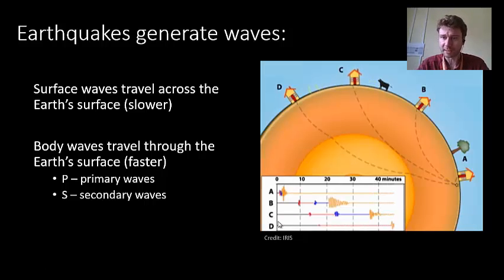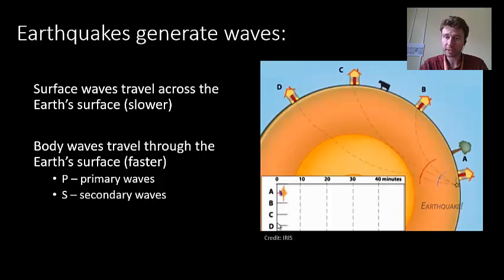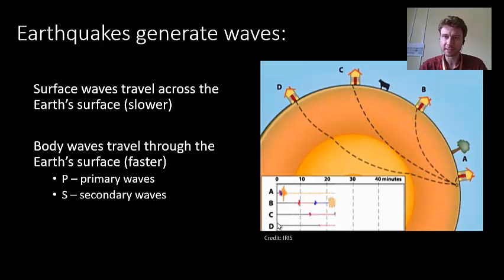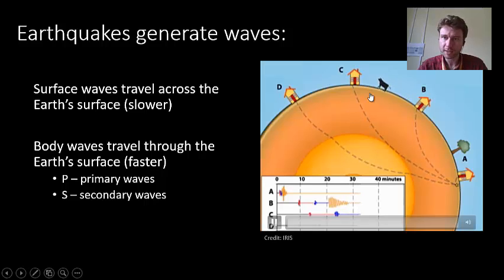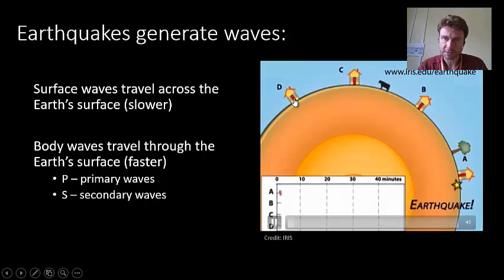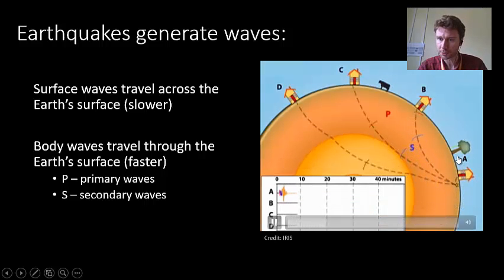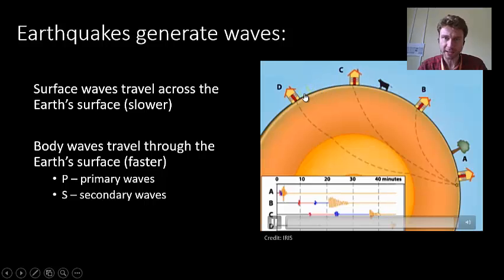We'll watch that one more time, as we can see. Earthquake happens. The P waves are traveling faster than these S waves. You'll see these yellow waves out here, which represent the surface waves. I want you to watch those one more time. As the surface waves go across, they're traveling a lot slower, and they're meeting to the locations at different times.